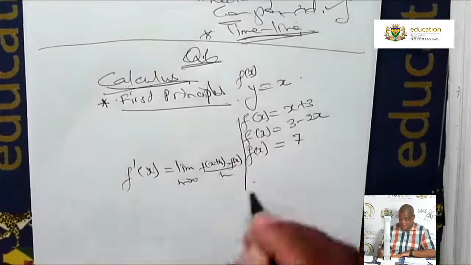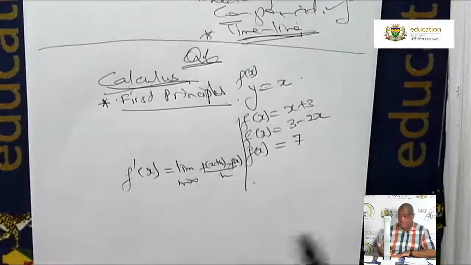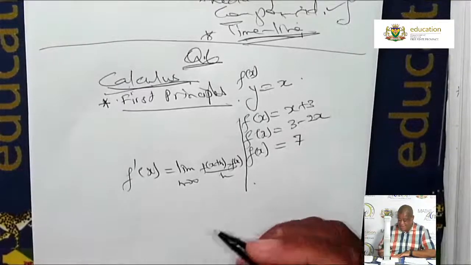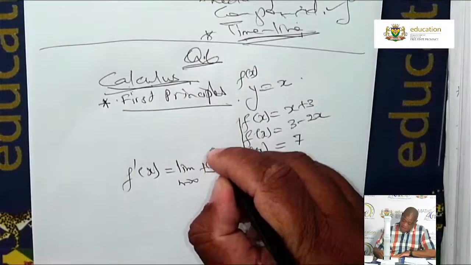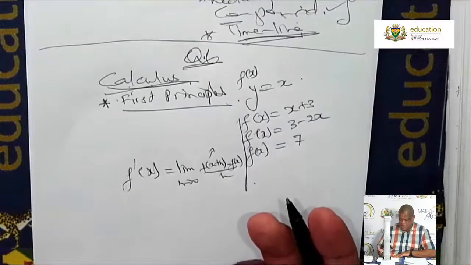This is the formula that we use when faced with first principles. But what is key for our learners is to be able to find f(x plus h) from the given function, because that's where it confuses us.